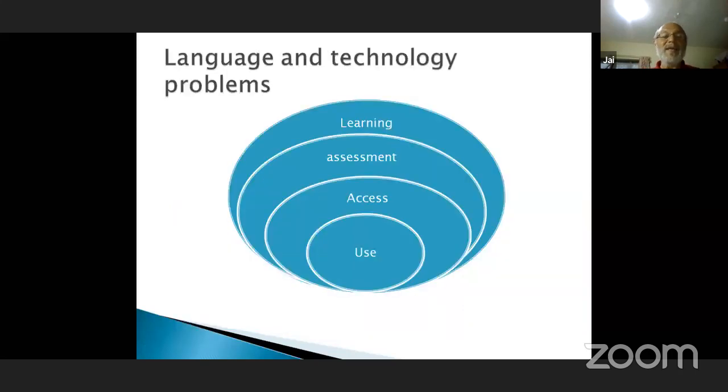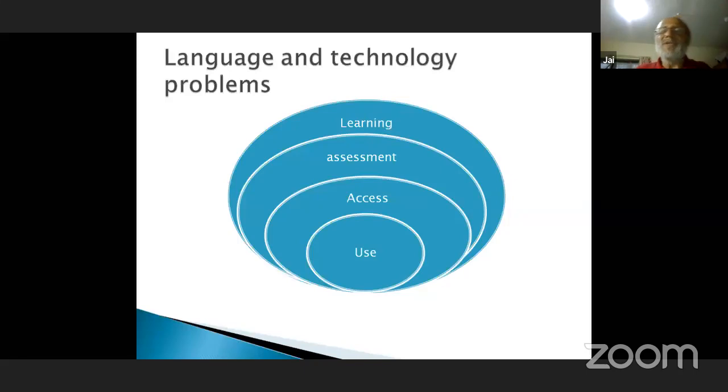Now, the other problem is language and technology problems. We are facing this problem, and I was talking to the NELTA state 5 people yesterday about the use of technology in Nepalese schools, Nepalese classrooms. The problem is with the learning.